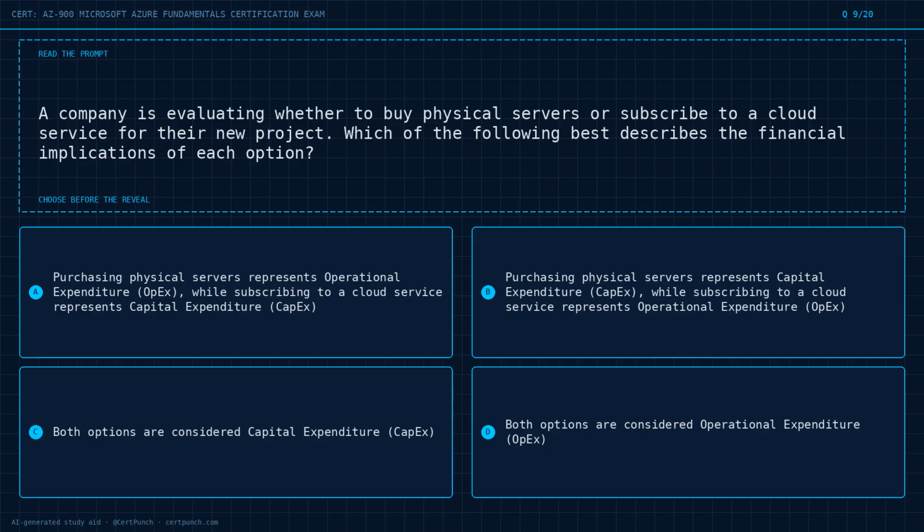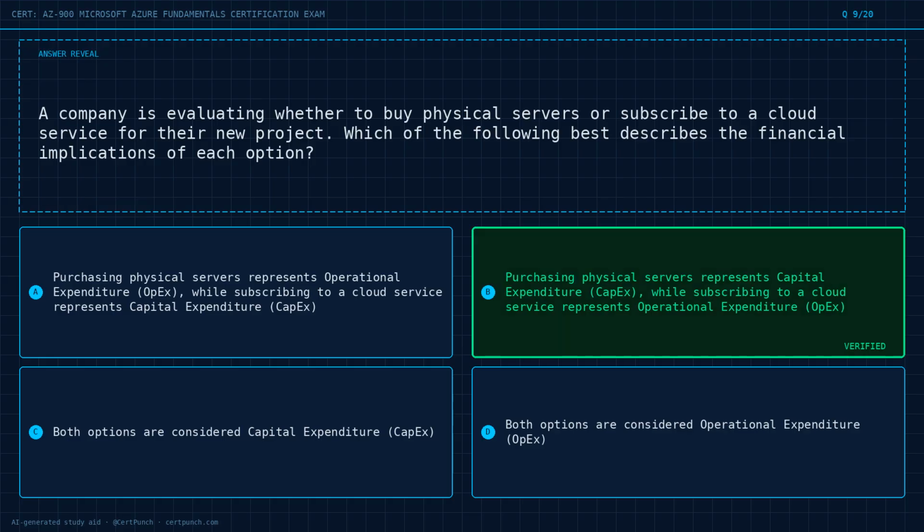Option B. Purchasing physical servers represents capital expenditure, CAPEX, while subscribing to a cloud service represents operational expenditure, OPEX. Option C. Both options are considered CAPEX. Option D. Both options are considered OPEX. Choose the best answer before the reveal. Commit to it now.